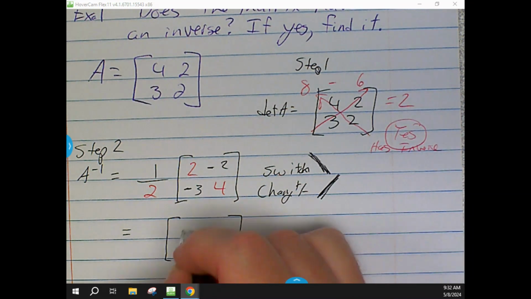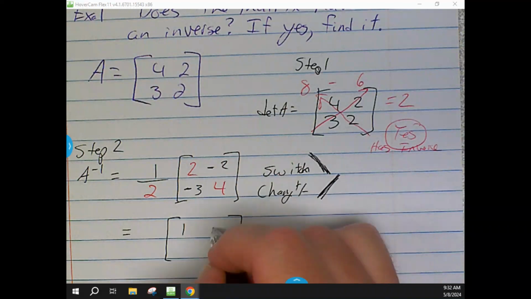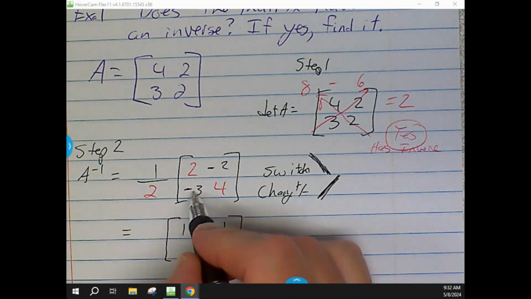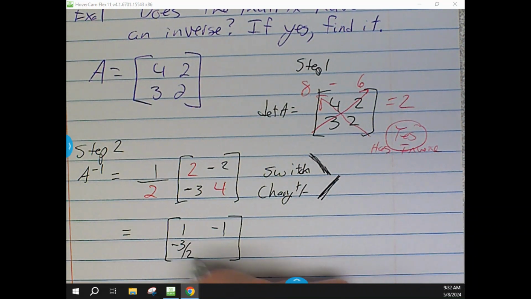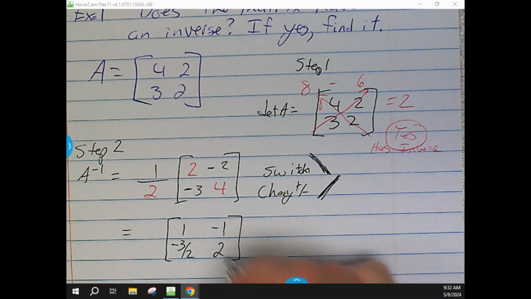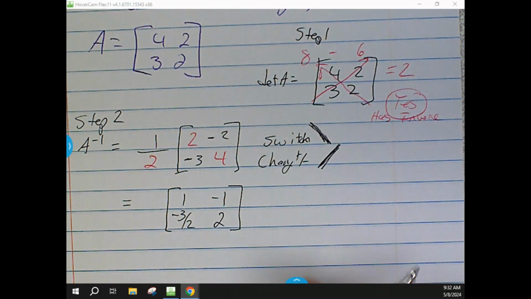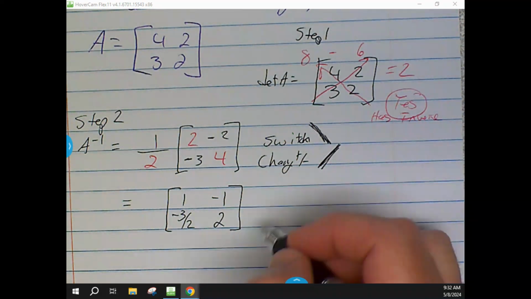So half of 2 is 1. Half of negative 2 is negative 1. Half of negative 3 is negative 3 over 2. Half of 4 is 2. Okay, and that is the final answer that we're looking for there.